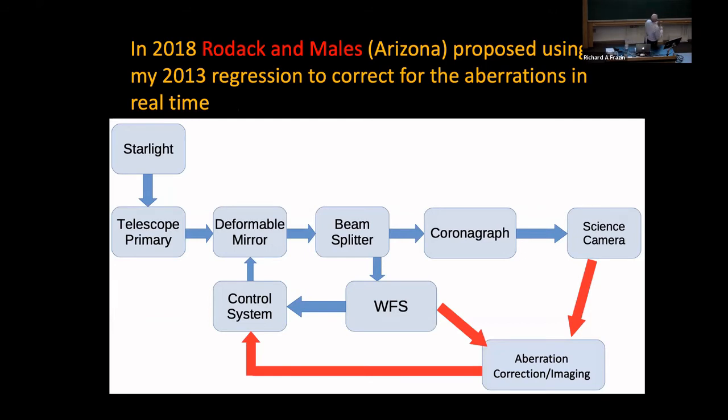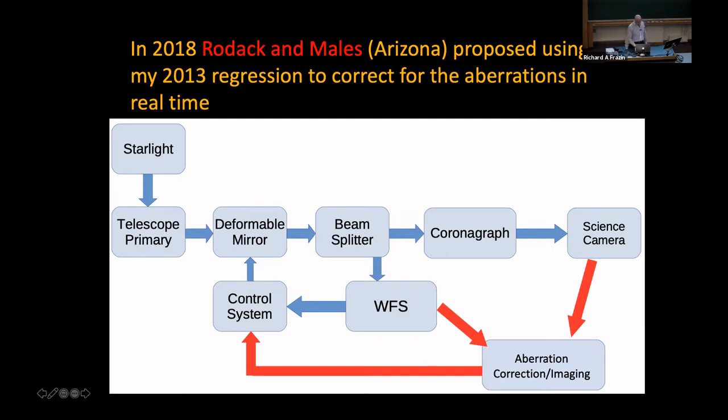After I proposed that idea, a student in Arizona, Alex Rodack, and his advisor, Jared Males, said, well, if Rich has this scheme for measuring the aberrations that cause the speckles, why don't we try a control system with a 1 minute or so update rate that compensates for these aberrations that are creating the speckles, so that we don't even have these speckles to begin with.